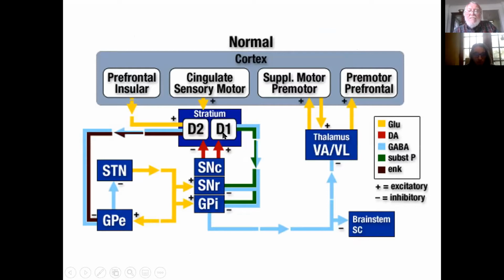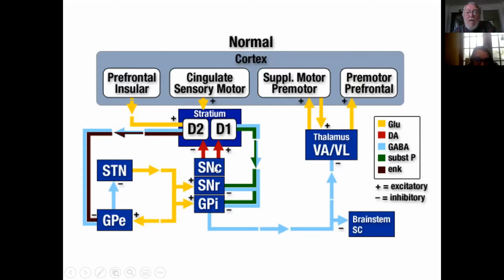And when it acts on D1 receptors, in the striatum there are EPSPs. And those EPSPs can then release, look at what it can release: substance P, GABA, and whatever.